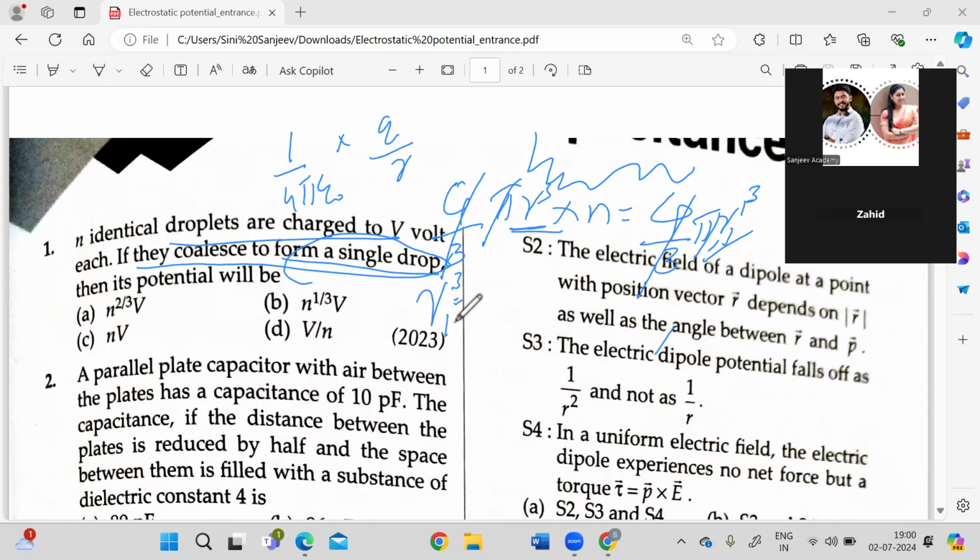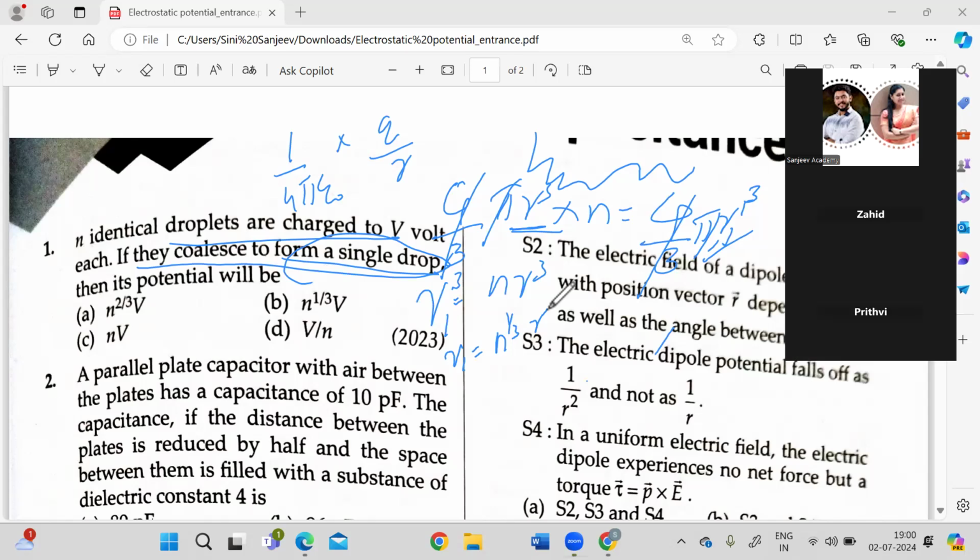This r1 cube is nothing but n r cube. Once I am done with this, taking cube root on both the sides, r1 is n power 1 by 3 into r.